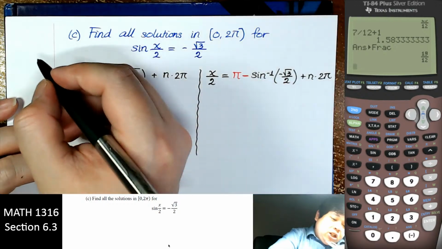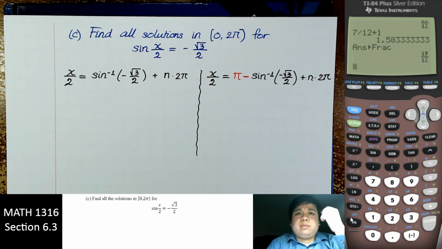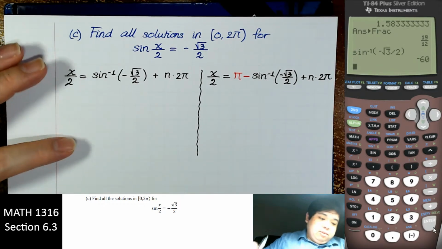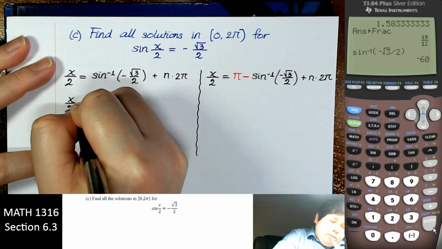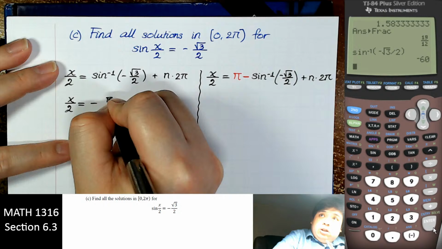So I will multiply by 2. But first, sine inverse of that. Negative 60 degrees, which is negative pi over 3.